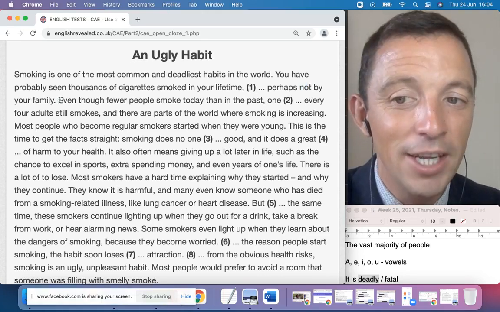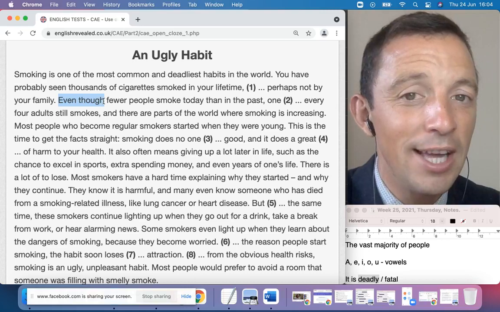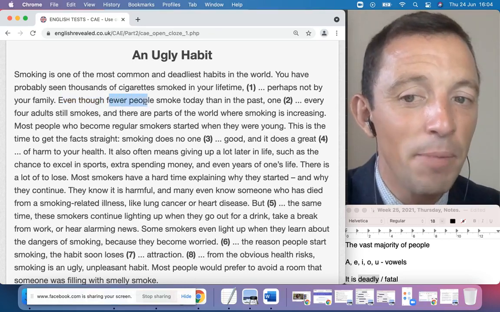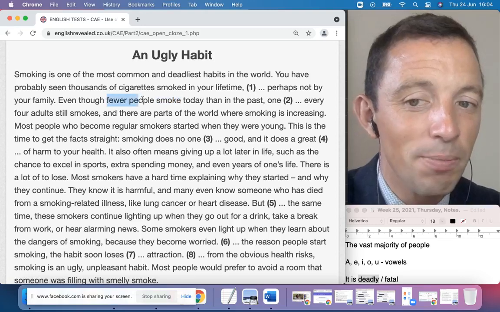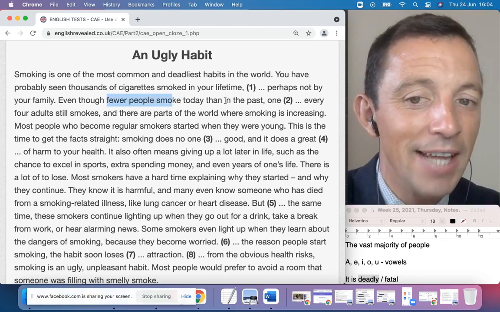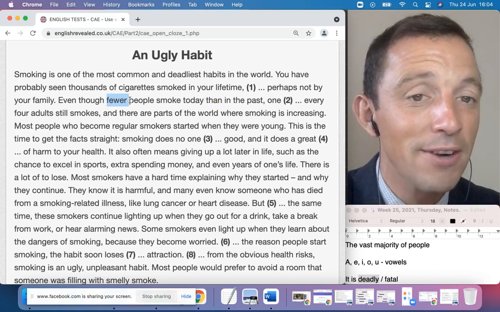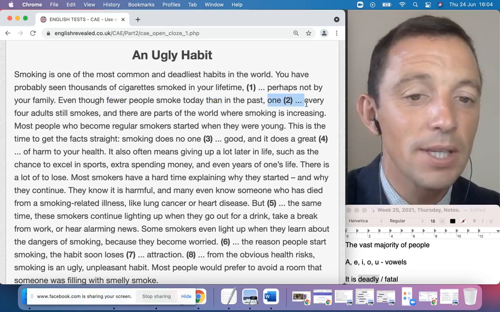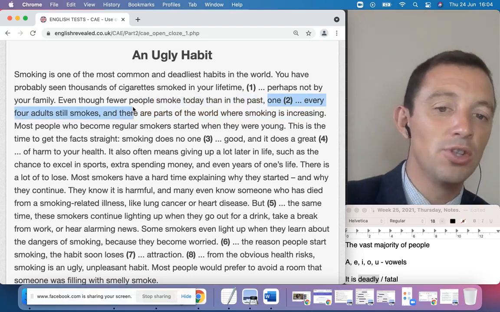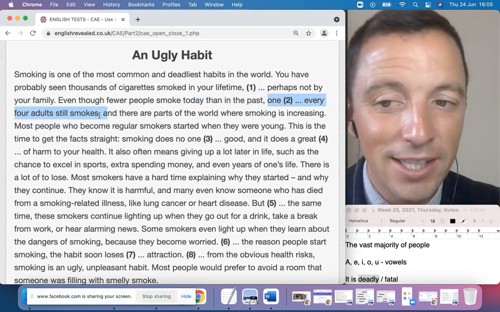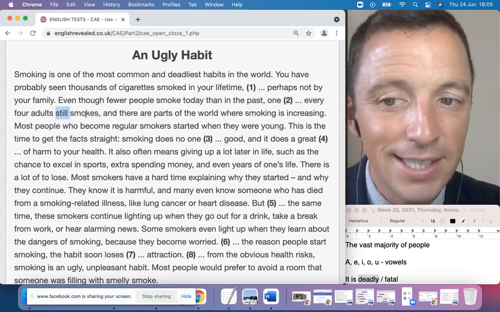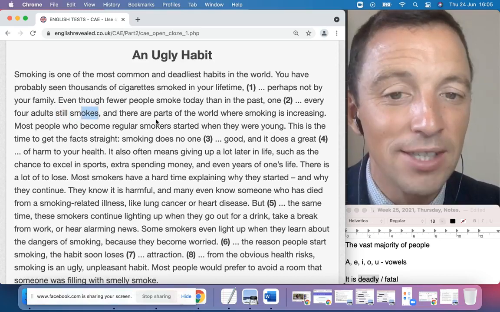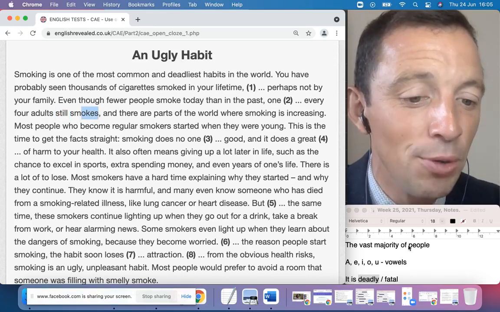Even is like incluso, even though, incluso aunque, fewer people, como menos gente, smoke. So people, they smoke today than, so fewer than, that's the comparative. Menos que, in the past. One, okay, this is a very, very good structure. Something, 1 every 4 adults todavía, still smokes. Okay, so the best answer here, I'm curious if you know the answer.